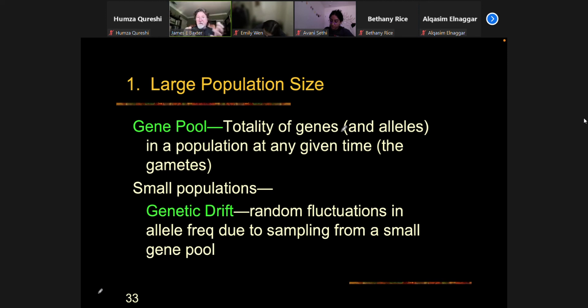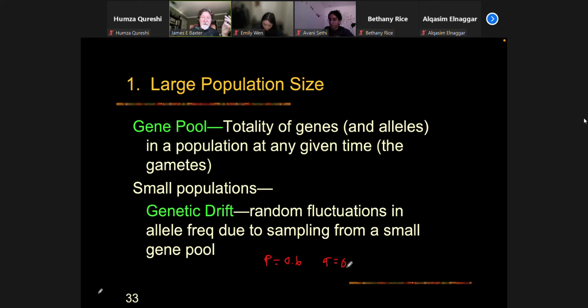And it's due to sampling of a small gene pool. So if we started out with 0.5, 0.5, then in the next generation, just because of random drift, P might go up just due to chance, to 0.6. And Q will be 0.4.